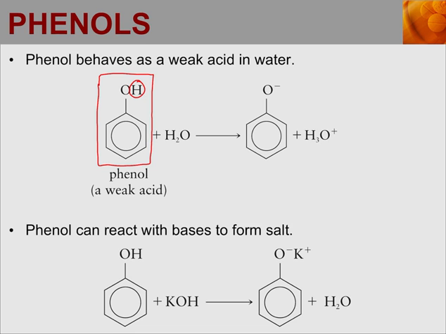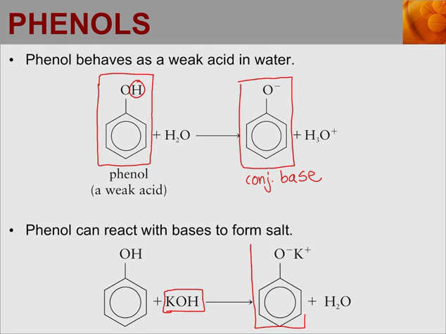And then we end up forming the negative ion of phenol, or the conjugate base. So phenol can react with bases like potassium hydroxide or sodium hydroxide to form a salt. And remember, a salt has a positive ion and a negative ion that are creating an ionic bond.